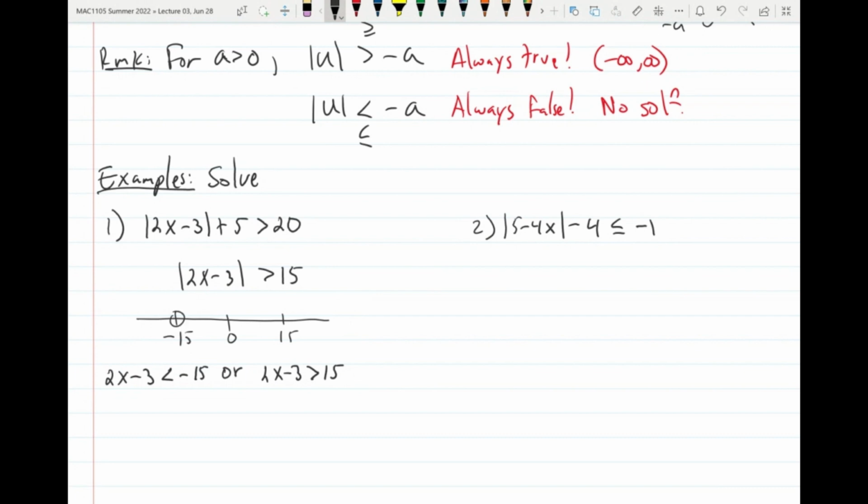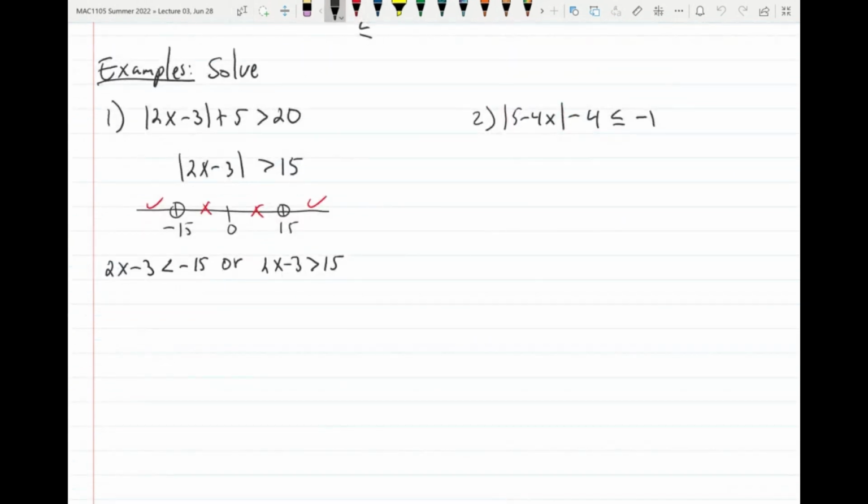And then just think about, where do you need to be? What region do you need to pick to satisfy this inequality? At this point, hopefully you realize that you have to be here or here. This is not good and this is not good. Yes? So less than negative 15 or greater than 15. Okay?